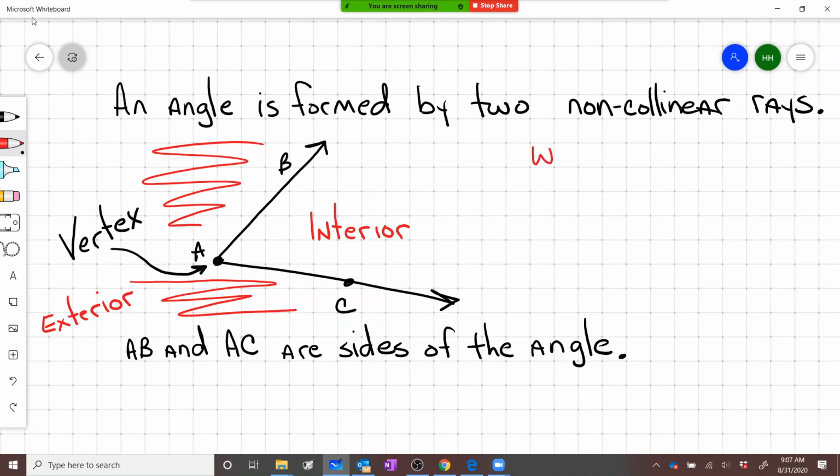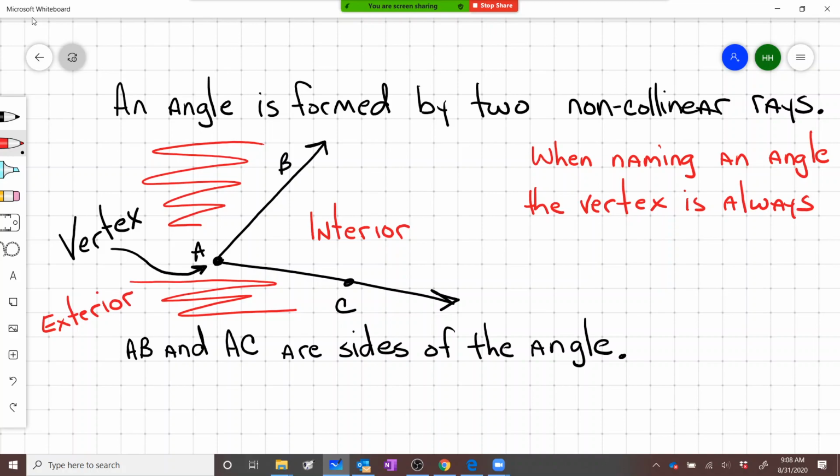And when naming an angle, the vertex is always the middle letter.